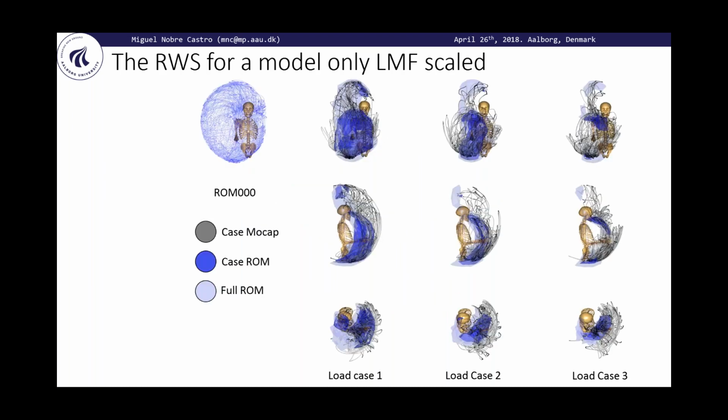So using the standardized version, the not so specific version of our musculoskeletal model, even though it was geometrically scaled for each one of the subjects, in this case here, we have an example of how the model predicts the reachable workspace in terms of attainable positions from the overall muscle activation point of view.